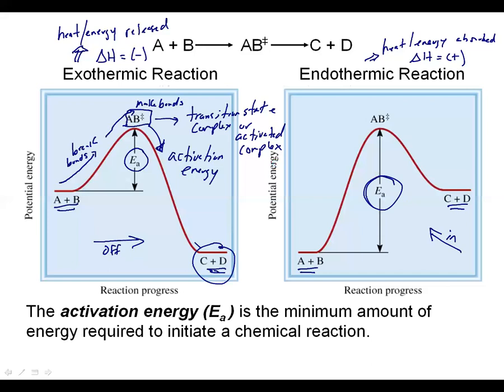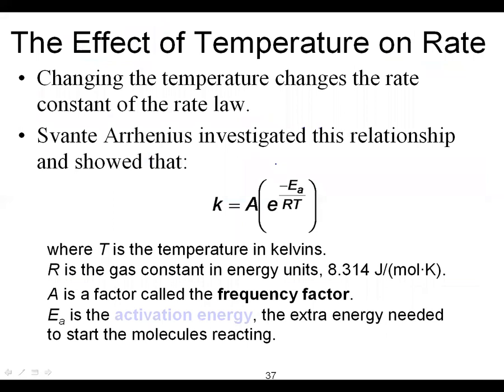So there is a relationship between temperature and the rate of a reaction. It was developed by Arrhenius, who did a lot of work with electrolytes and things of that nature. We get this relationship: k, which is our rate constant, equals A, which is a frequency factor.